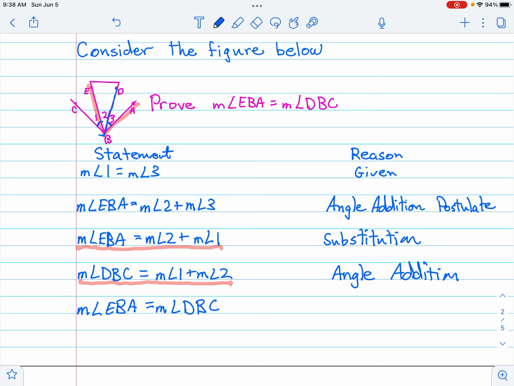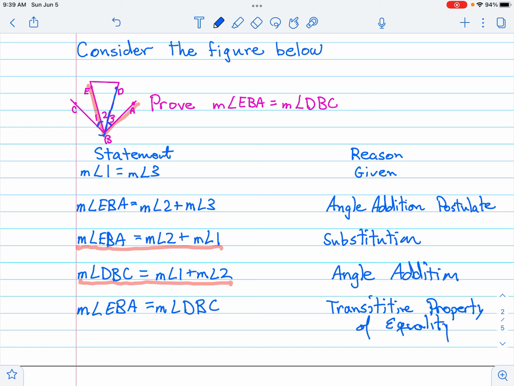You can look back up at the properties that we've been given, but this is the transitive property of equality. I guess I could go ahead and write it out.